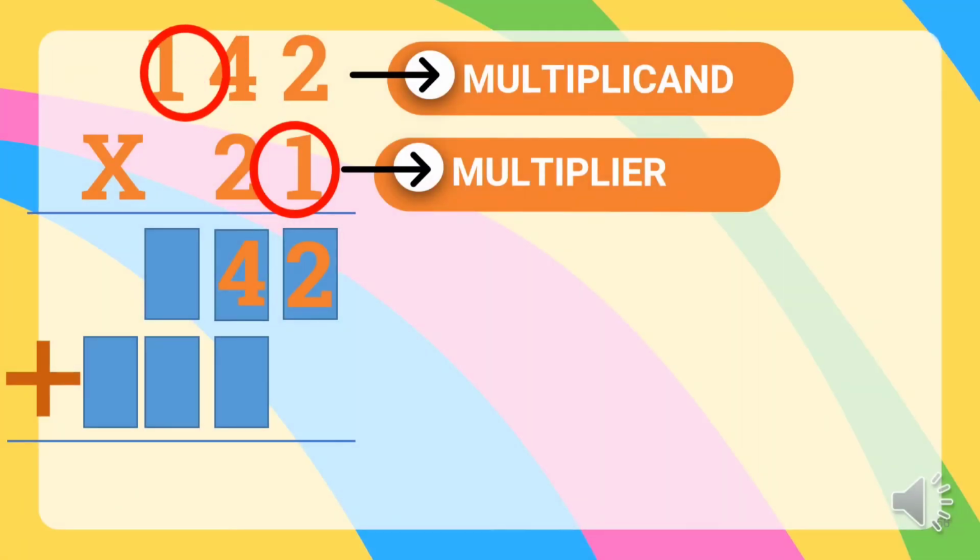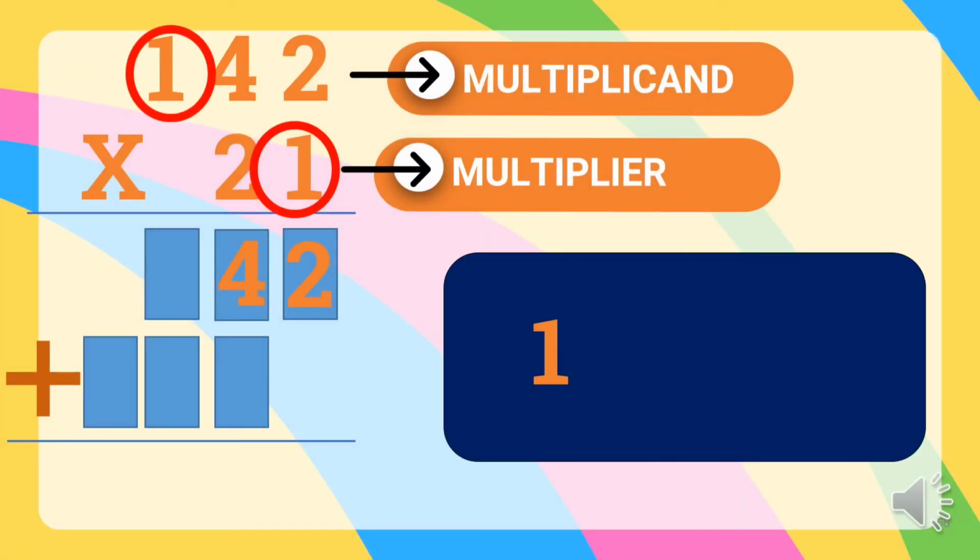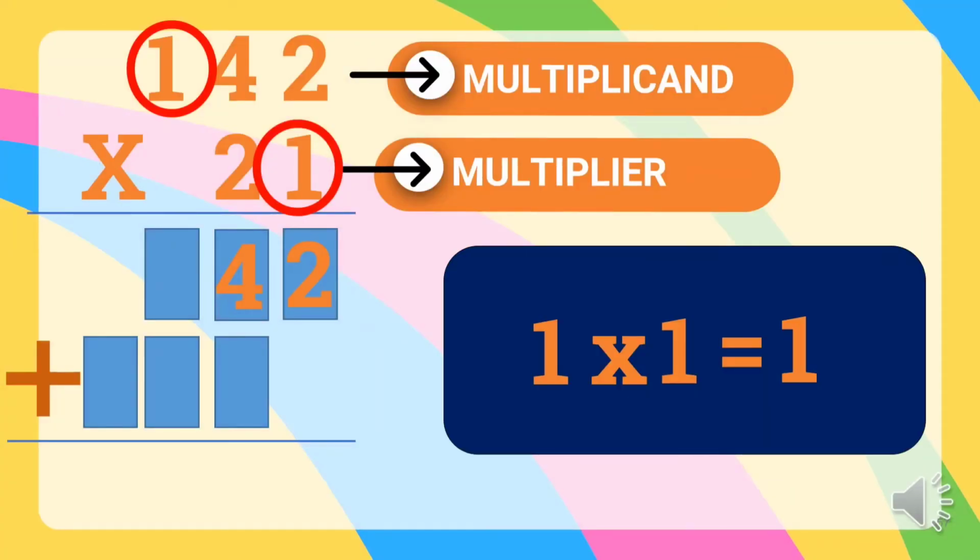Next is 1 times 1 is equal to 1. Therefore, 142 times 1 is equal to 142. We have the first partial product, which is 142.